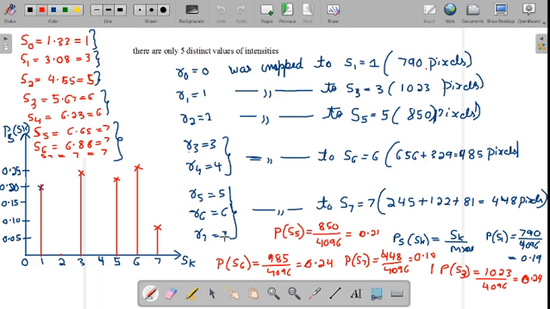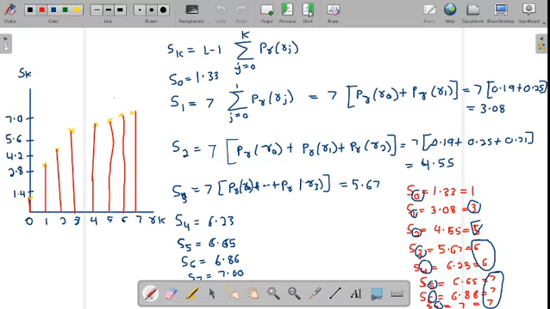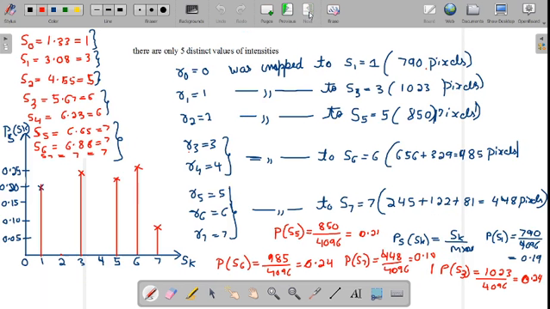Next, r5, r6 and r7, that is 245, 122 and 81. All those together, 245 plus 122 plus 81, so the total is 448. So it will be intensity levels 1, 3, 5, 6 and 7.